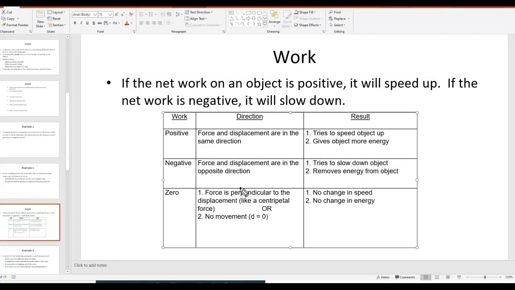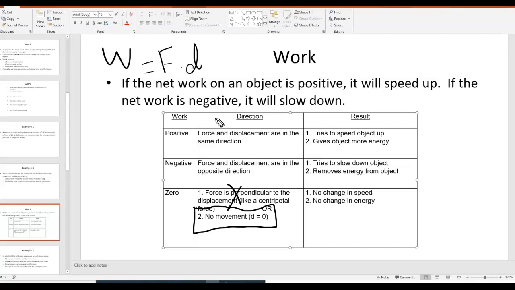You don't need to know about number 1 for this class, but you do need to know about number 2. Basically, you need to know that zero work is done if the object does not move, if the distance is 0. You could probably figure that out because work is force times distance, and if the distance is 0, 0 times anything is 0, so that might make sense in your head anyway.